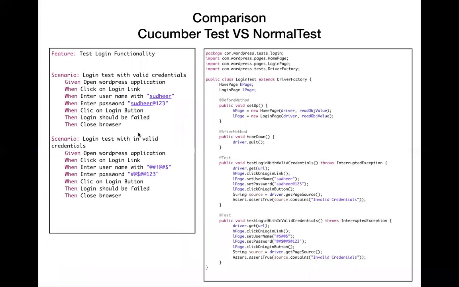So you can see the difference between the tests which are written in a normal way and the tests which are written in a Cucumber fashion. On the right hand side, the tests are written in a normal way.